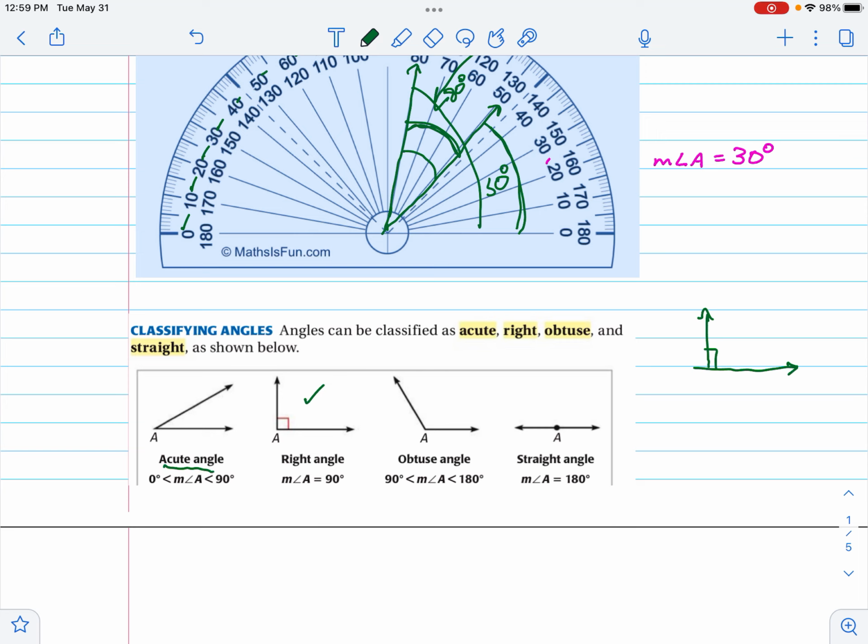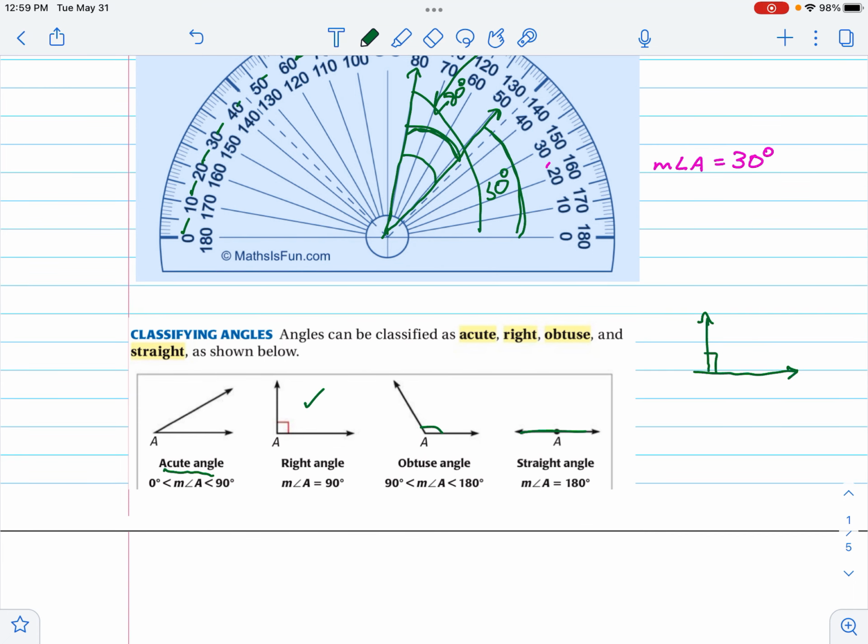So we've got acute angles. They're cute little things, less than 90. Angles that are bigger than 90, we call those obtuse. And like I said a minute ago, this is a straight angle. Its measure is 180 degrees.